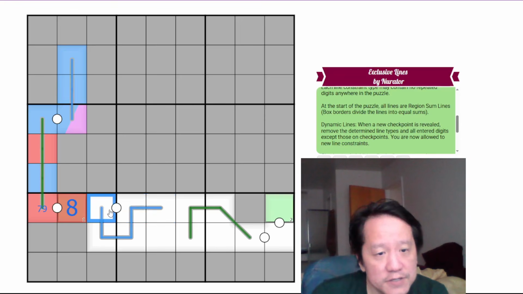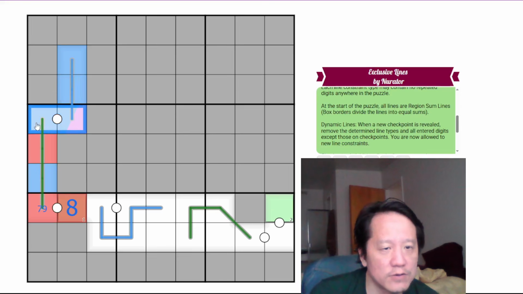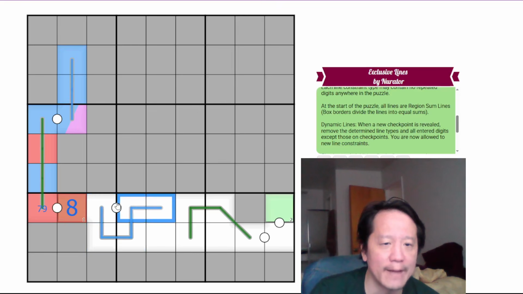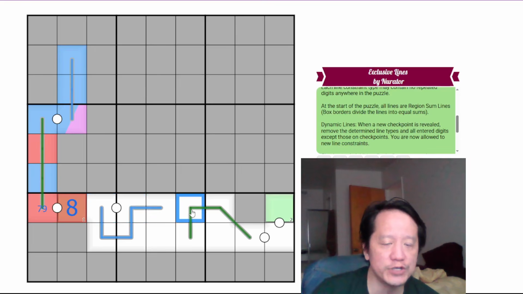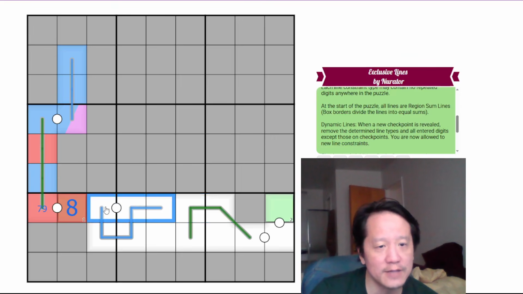Since we have low and low or 5 here on the region sum line, and they cannot appear here, we are guaranteed at least one of these must be a high digit. And since we know this is high, one of these two is high because you alternate between low and high digits on a whisper 5 line, and one of these is high, that means this can never be high. So this is low or 5.